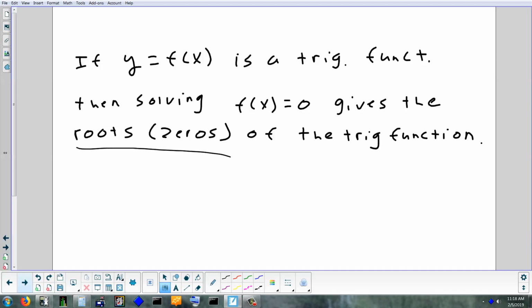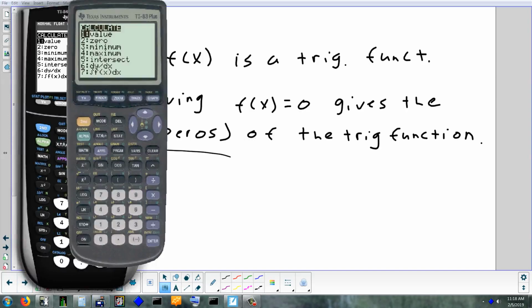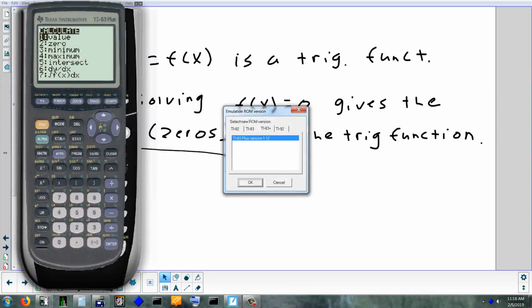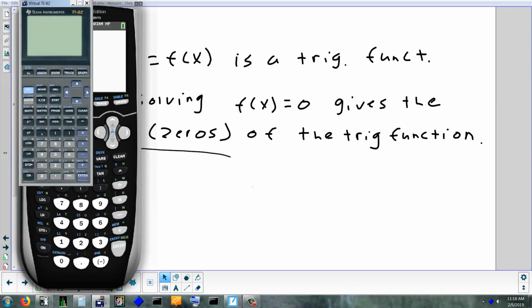Depending on your calculator, you might see different options. On the new calculator, if I go to second calc, the option 0 is there. If I use an older calculator, or if you have a Casio or a different brand, it might say something different.